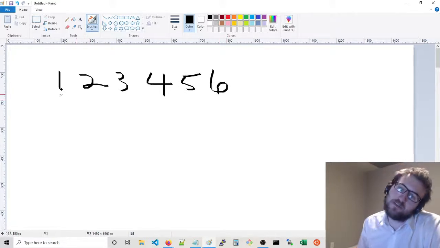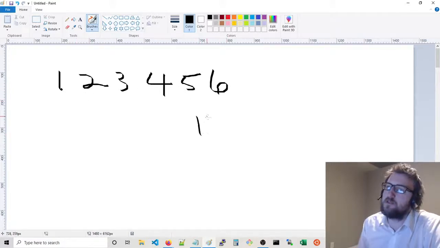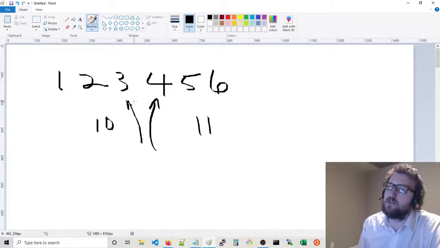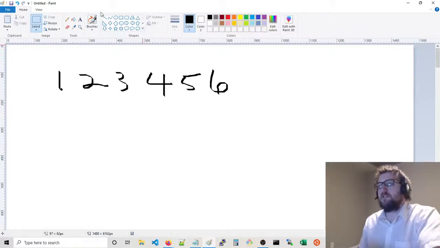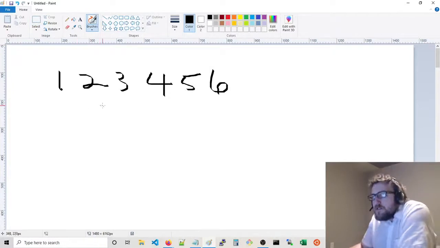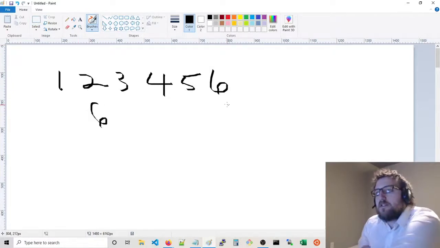So the first guess, we have 11 and 10, right? And so we pick either 3 or 4. See, that's a good question. Which one do you pick? Well, no, this is... That's actually not that hard. It's 6 and 11.